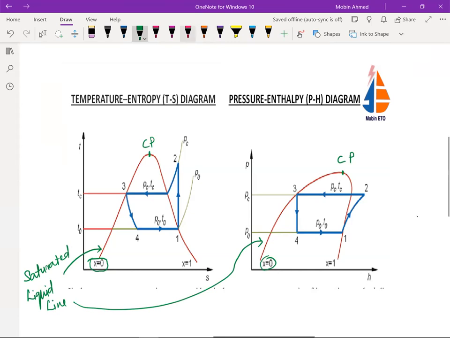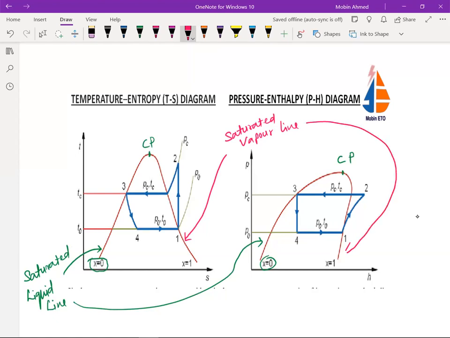Okay, then we see here something, this one. This is known as a saturated vapor line, and this saturated vapor line is here also the same. So both graphs have the same. This is a saturated liquid line and this is a saturated vapor line.